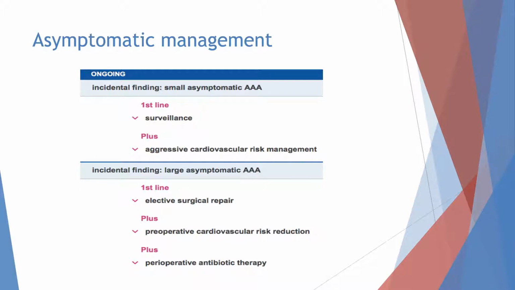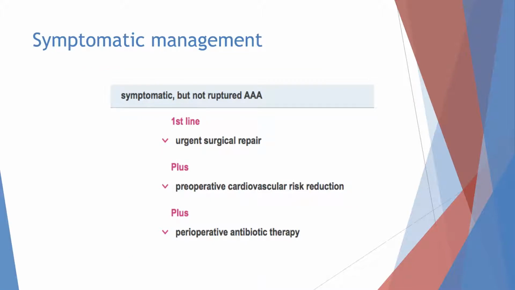If a large aneurysm is found, one larger than 5.5 centimeters, you'll be listed for elective repair, and while awaiting your operative date, you'll have your risk factors managed as previously with medications. Regardless of size of aneurysm, if you're getting symptoms with your aneurysm but it's not ruptured, then you'll be listed for urgent surgical repair and also have risk factors managed.